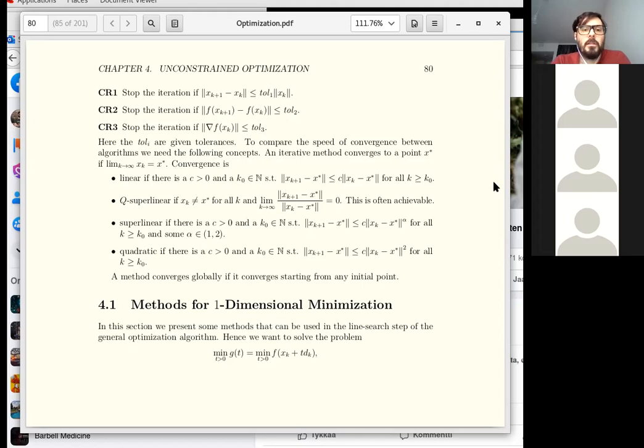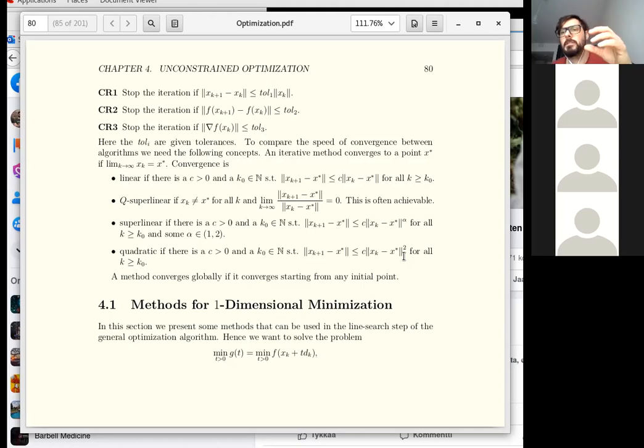Superlinear means that it's faster than linear. If the norm is now taken to some power greater than 1, quadratic means that the distance is less than some constant times the square of the distance.